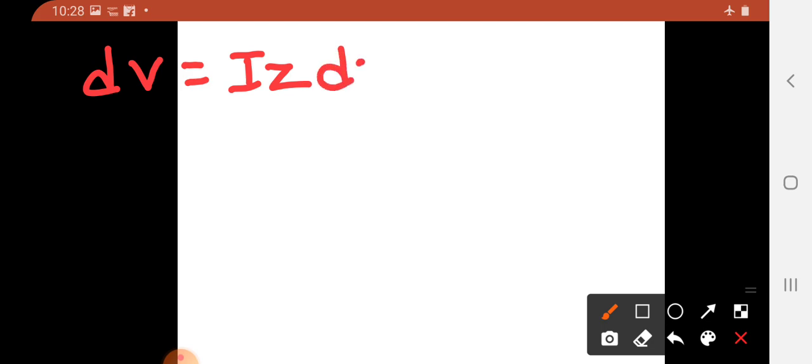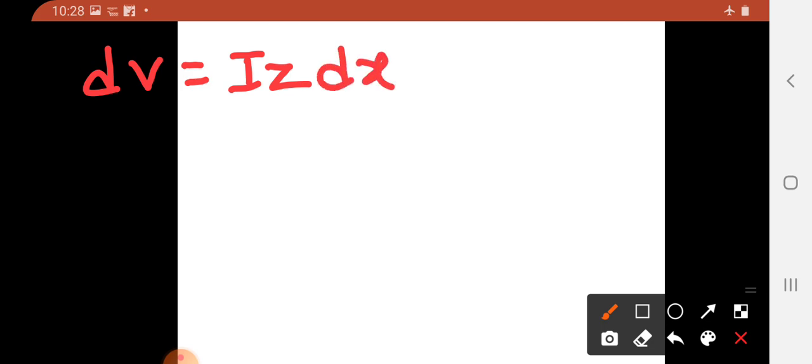What is the first equation? That is the rise in voltage over the element length in the direction of increasing x, which is given by dv is equal to I z dx.